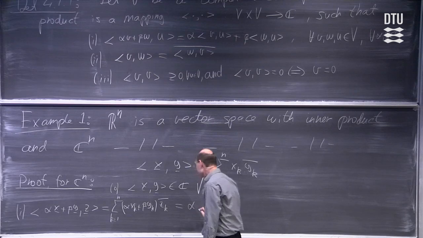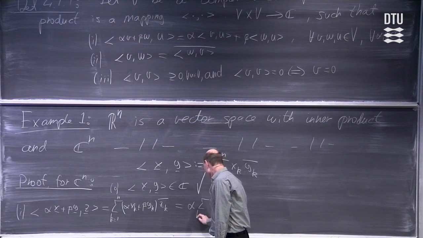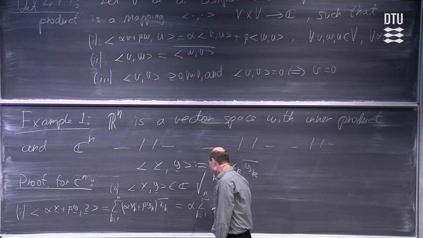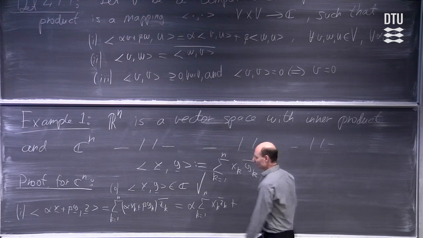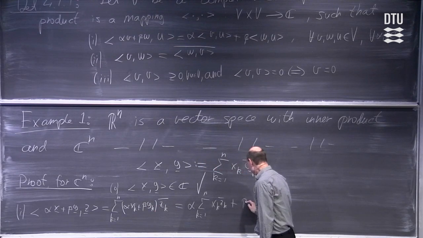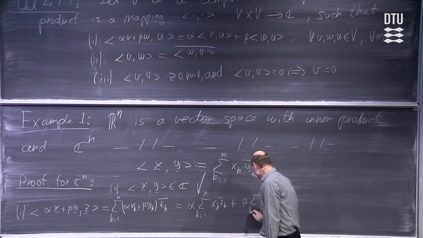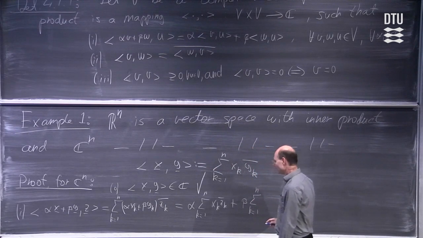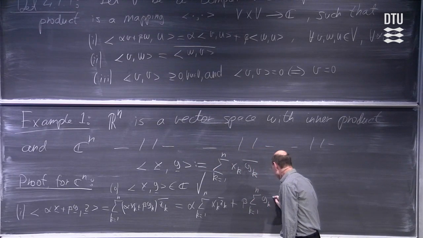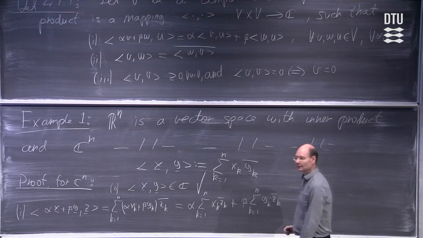So this is the same as alpha, and then the sum k equal to 1 to n, xk, ck complex conjugated. And for the second term we get the beta times the sum k equal to 1 to n, and then we get yk, ck complex conjugated.